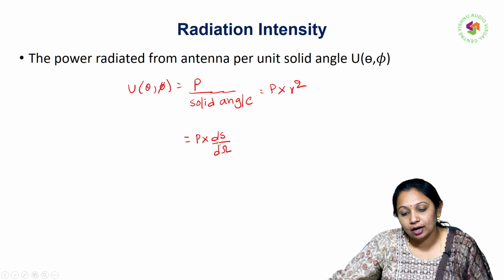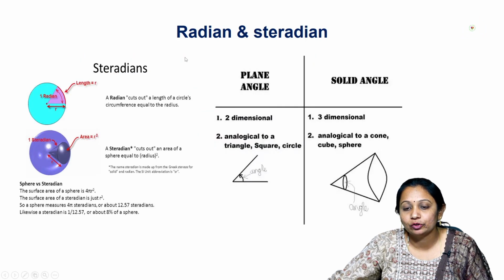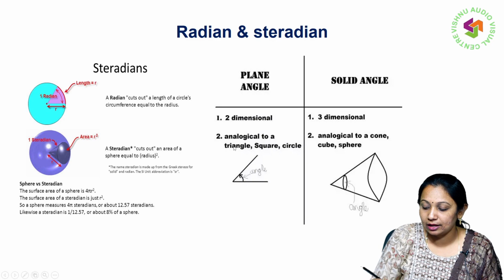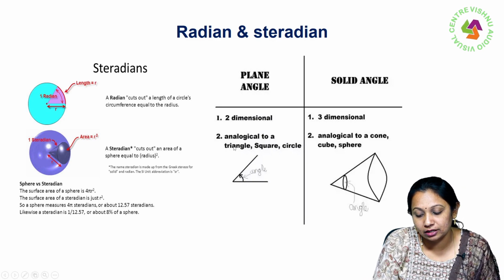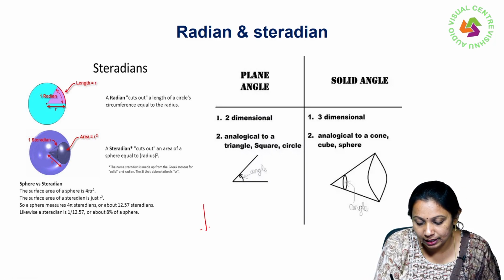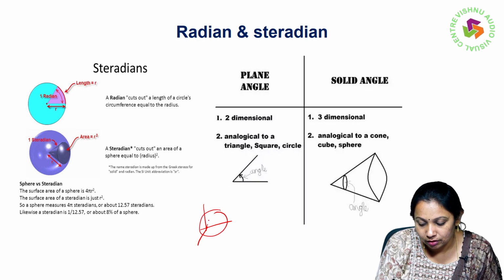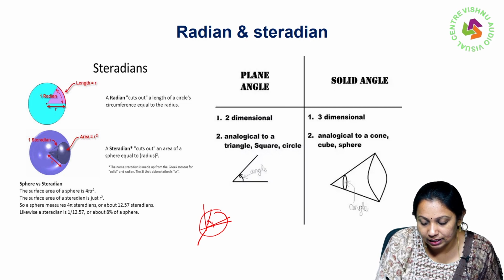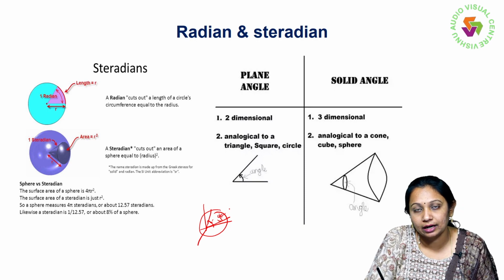Before discussing the radiation intensity in depth, we'll look at the radian and steradian. Simply, the radian is nothing but the plane angle. If the antenna radiates like this, and you consider the angle here, we always represent it with the radian.